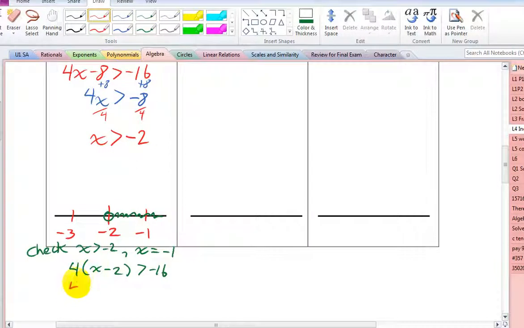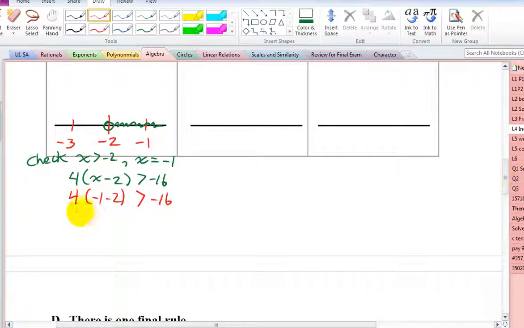And we change it to 4 times negative 1 minus 2 is greater than negative 16. 4 times negative 3 is greater than negative 16. Negative 12 is greater than negative 16. Is this true? Yes, it totally is.